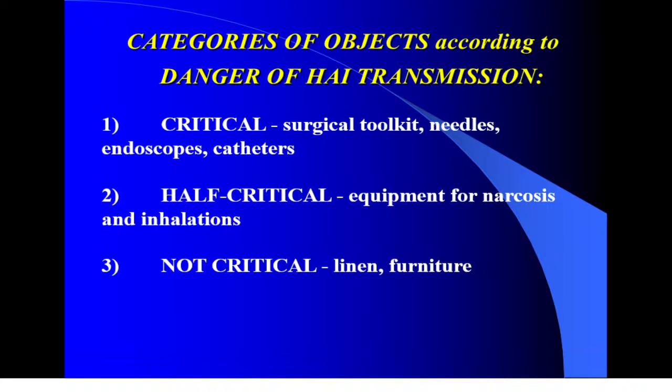What do critical objects mean? They are surgical toolkit and needles, endoscopes, catheters, because sterilization of such instruments is very difficult, and they are more dangerous and belong to the critical category. Half critical is equipment for narcosis and inhalations. And not critical are all other objects of hospital medium such as linen, furniture.